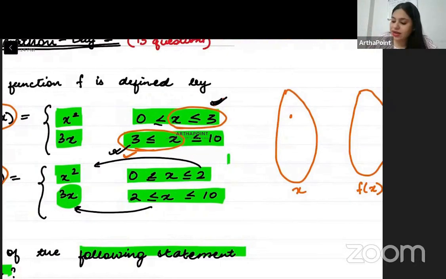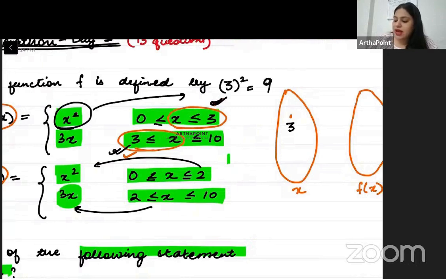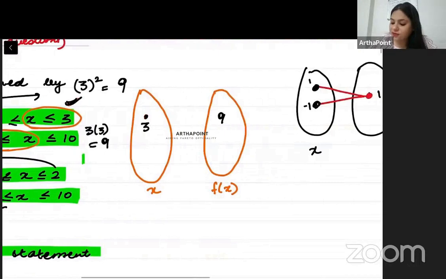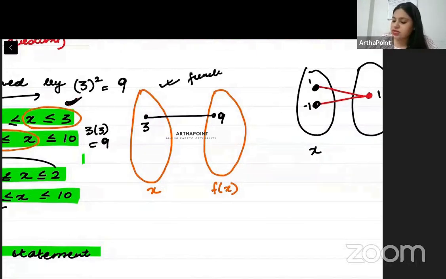So when I put x is equal to 3 in this part, I get 3 square, which means I get 9. And when I put x is equal to 3 in this part, I get 3 into 3, which is also 9. So one value of x is only linked to one value of y. So this is a function. This is correct.